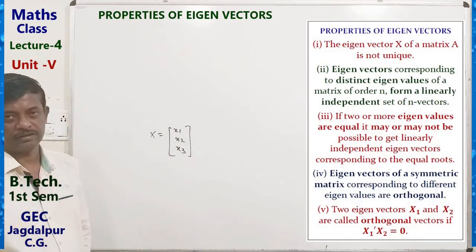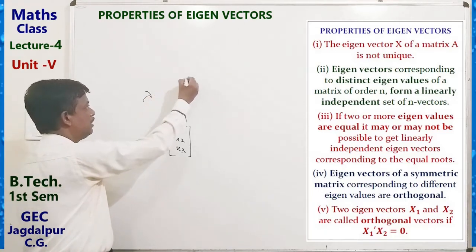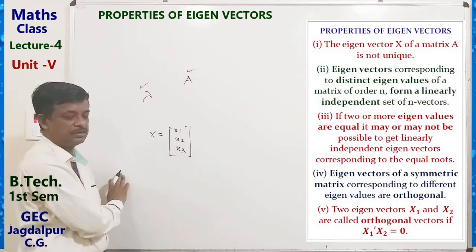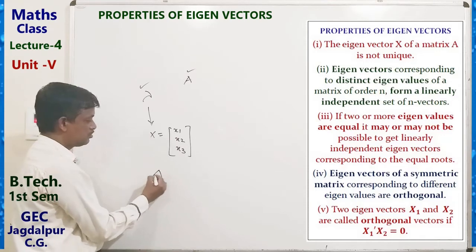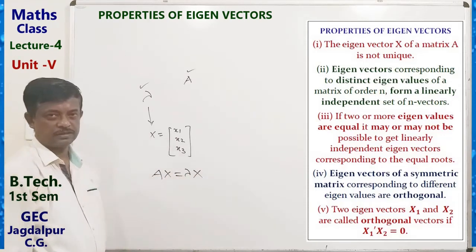If lambda is an eigenvalue of matrix A and the corresponding eigenvector is x, then we write Ax equals lambda x.